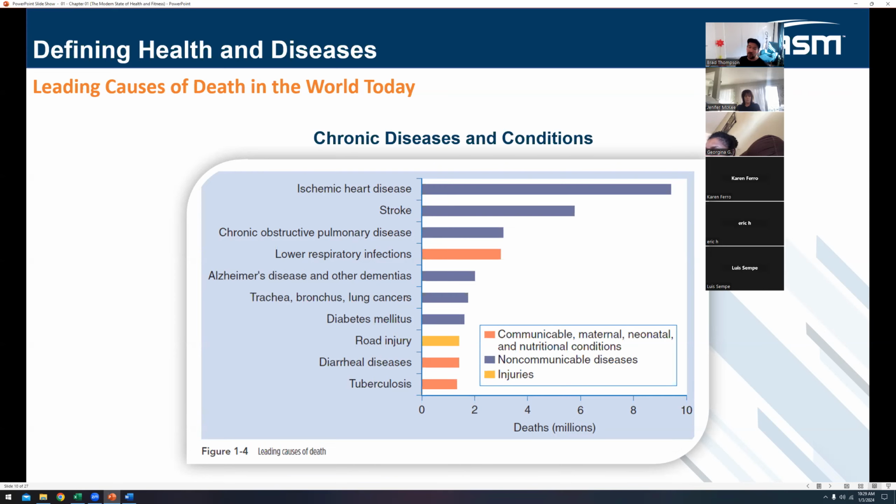Now, tracheobronchial and lung cancers, and obviously any of the different types of neoplasms out there, like any cancer, that is not necessarily something that can be directly treated with exercise or diet. However, we have seen there are definitely positive impacts on those things from diet and exercise.